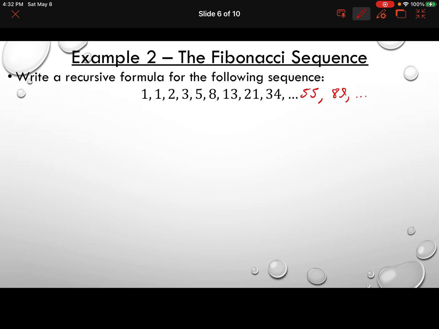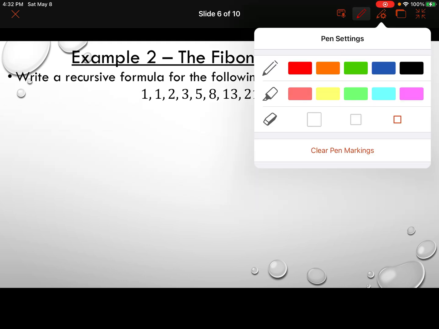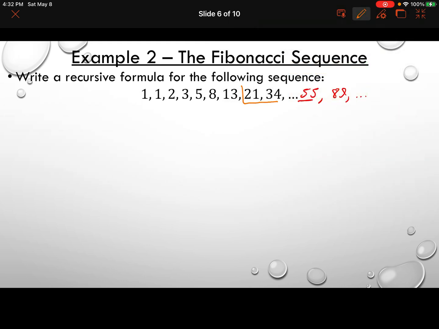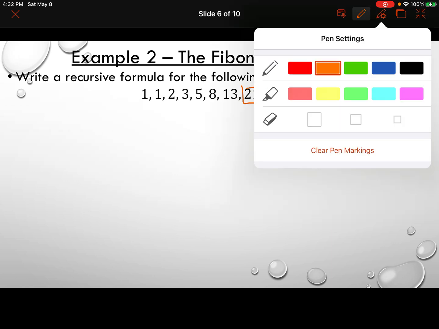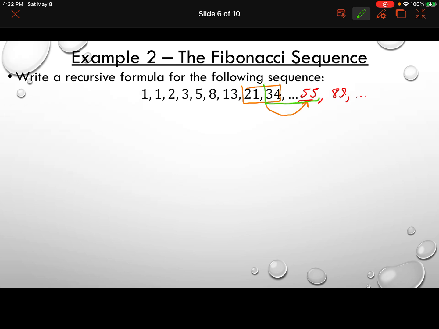So what's going on here actually, and maybe some of you have figured it out already, is that to find 55, what I actually did was I took 21 and 34 and added those up. And to find 89, I took 34 and 55 and added them up. So to find the next term, you always take the previous 2 terms and add them up. Okay, so to find the next term, you take the previous 2 terms and add them up.